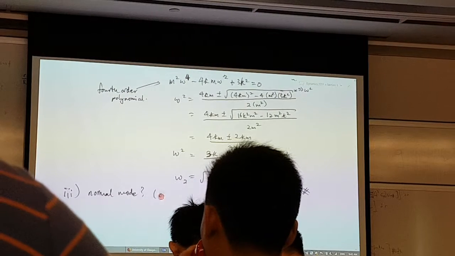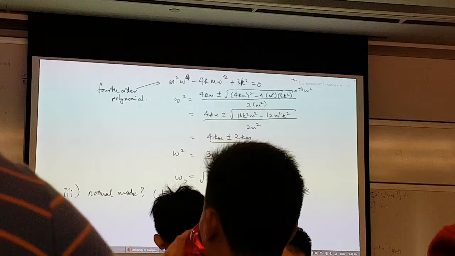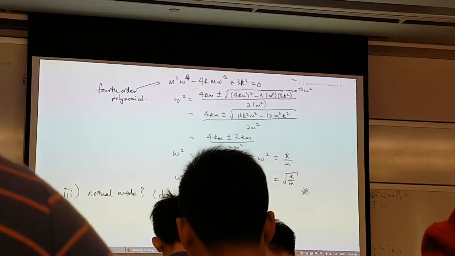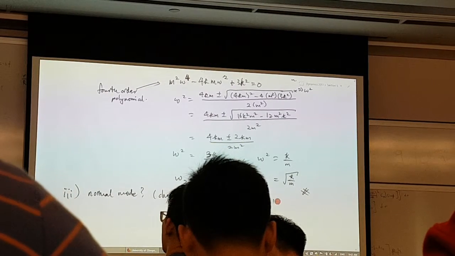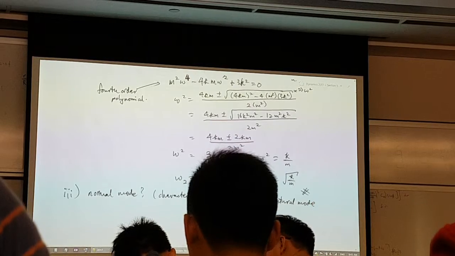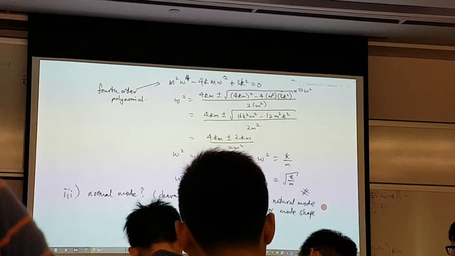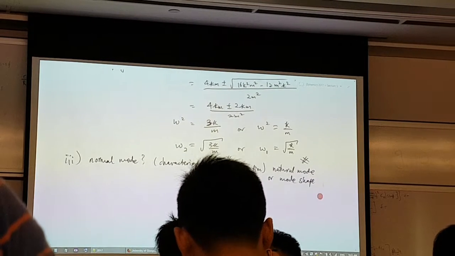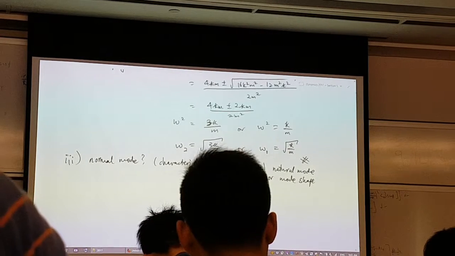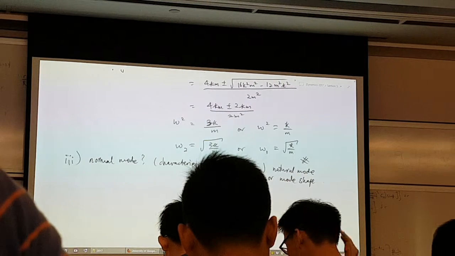Sometimes it's also known as characterizing the mode of vibration, or sometimes it's called your natural mode or your mode shape. So just different ways of saying it. You get to hear this mode of vibration a lot later on in your modules when you talk about aircraft structures.